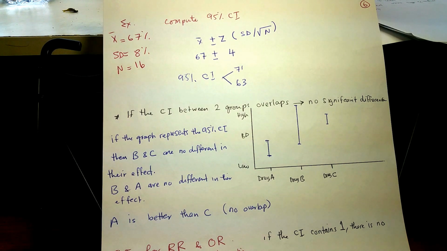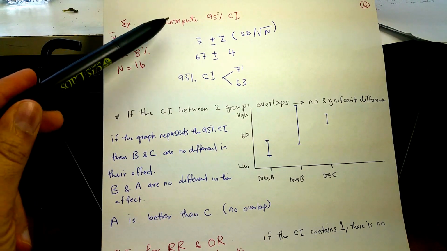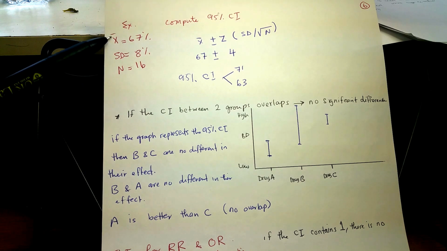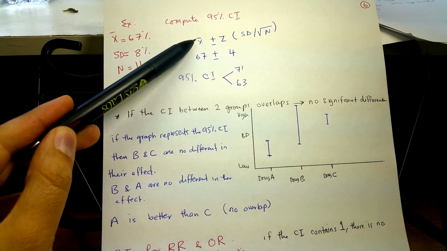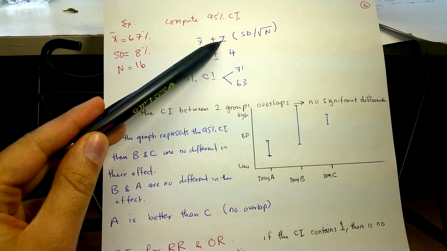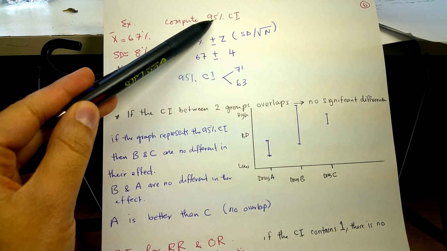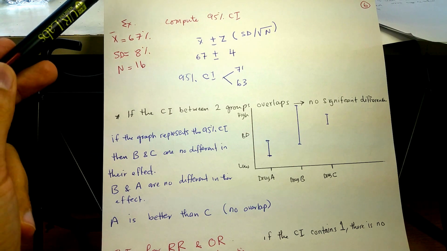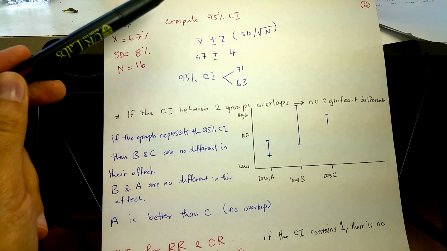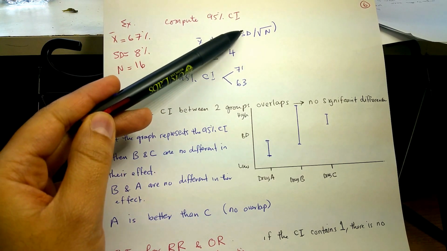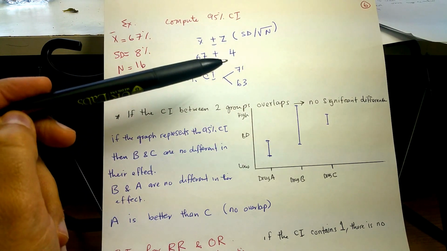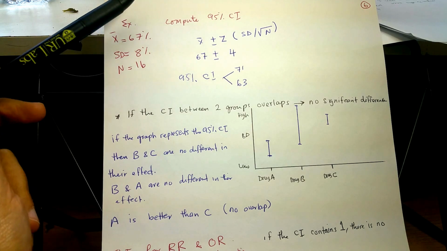When they ask us to compute the confidence interval, they usually give us the mean, the standard deviation and the sample size. We have to use the equation: mean plus or minus the z, which we can get from the 95% confidence interval, times the standard error of the mean, standard deviation divided by the square root of the sample size.